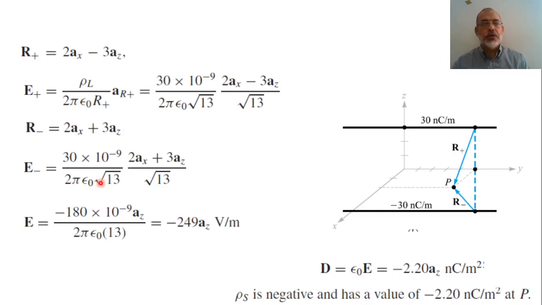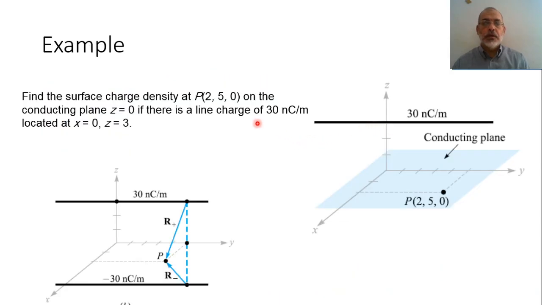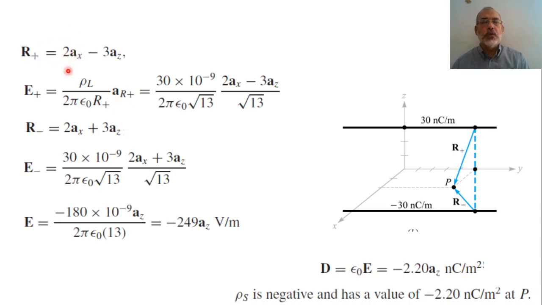According to the observation point which is required, and according to the location of the line charge density, we say that the observation point is (2, 5, 0), and the source point is (0, 0, 3). So x of the observation point, 2 minus 0.